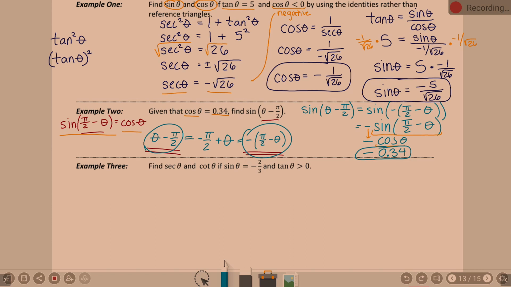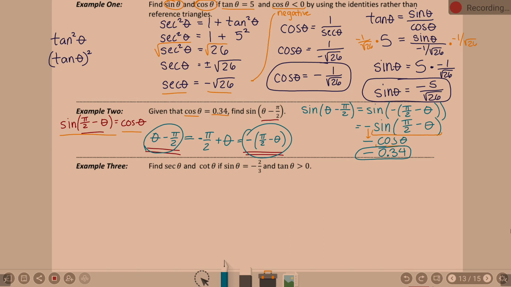Example 3. Now, I'm guessing at this point you maybe liked example 1 better than example 2. Example 3 is like example 1. Now, there are multiple different ways we can go here. So it kind of depends on what we see and what we discuss and want to do.